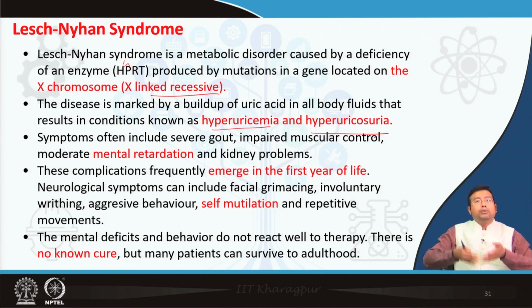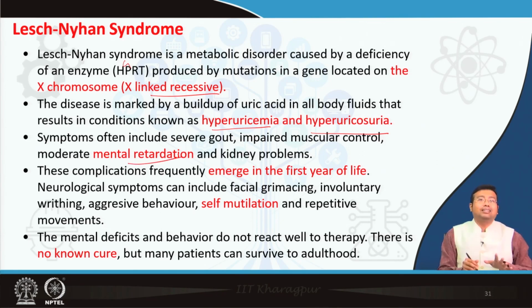Why? Because the nucleobases cannot be resynthesized to nucleotides. So, they have to be excreted by the uric acid pathway, leading to excess production of uric acid and intermediates which lead to mental retardation.